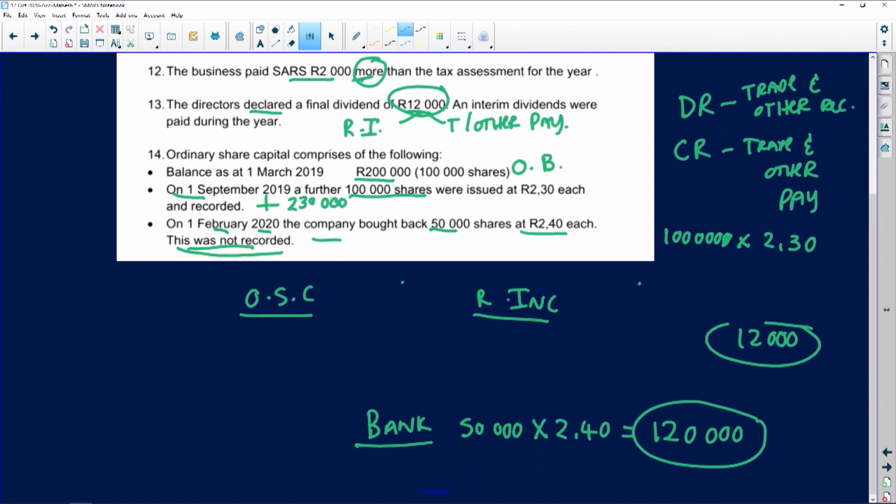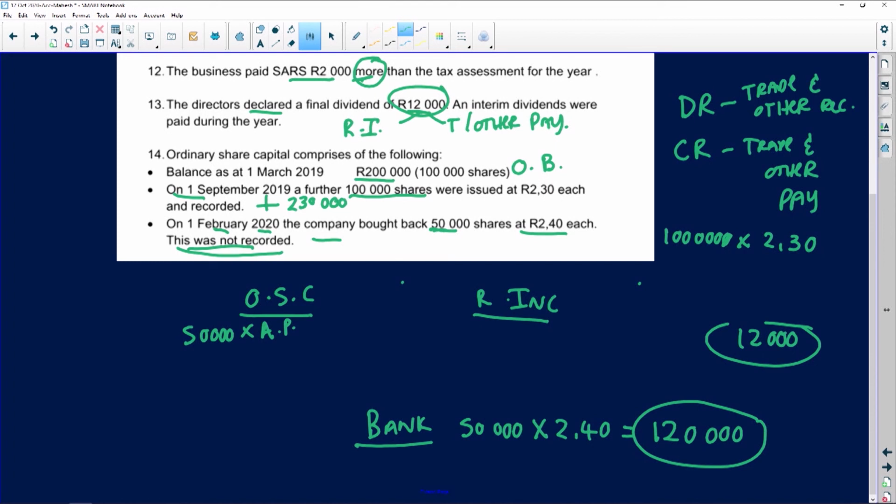Now remember, for ordinary share capital, you've got to look at the number of shares that were bought back, 50,000, and calculate the average price of your shares at this point in time.